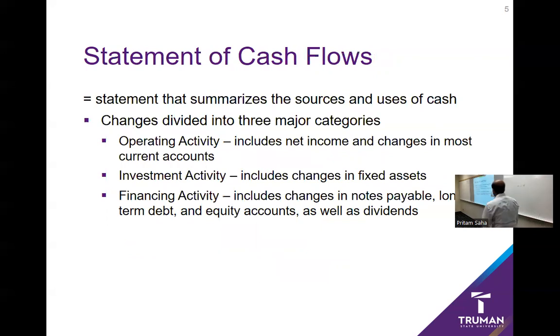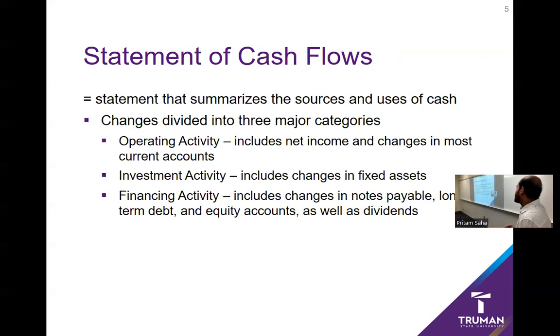What does the statement of cash flow do? It summarizes the sources and uses of cash flow. That's it. And they actually summarize in terms of 3 activities: operating, investment, financing. Operating activity is all about operations.